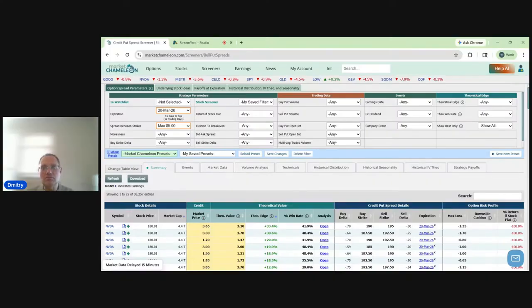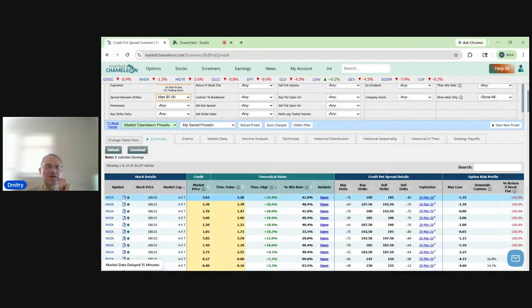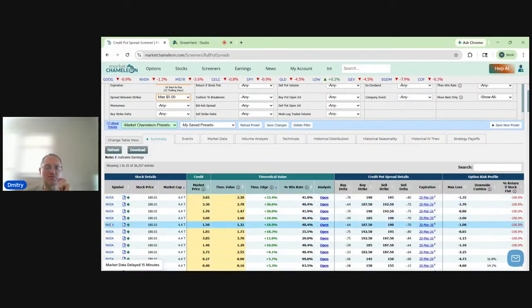In today's example, what we're going to do is try to narrow down the potential candidates based on potential payoffs for these different spreads at expiration. So the idea here is, as you could see, we have all these different combinations of put spreads. Right now we're sorted by highest market cap stocks, so you could see NVIDIA.